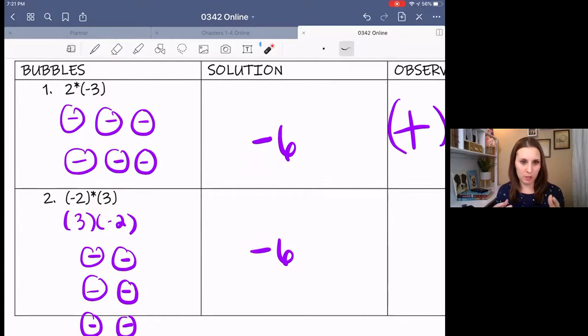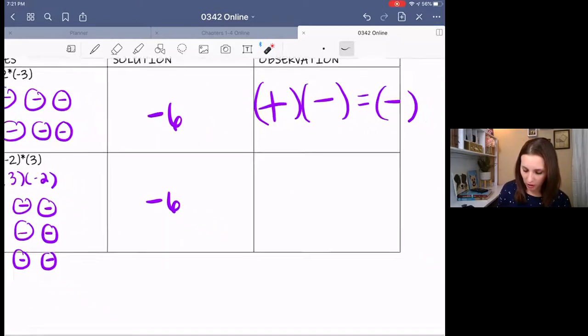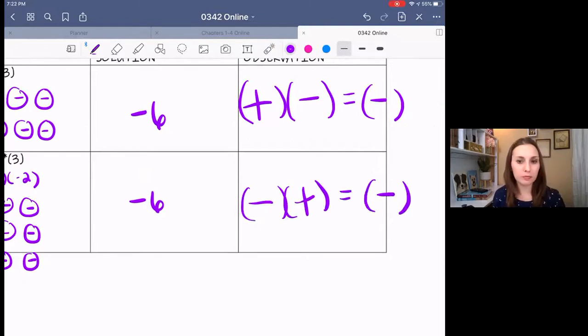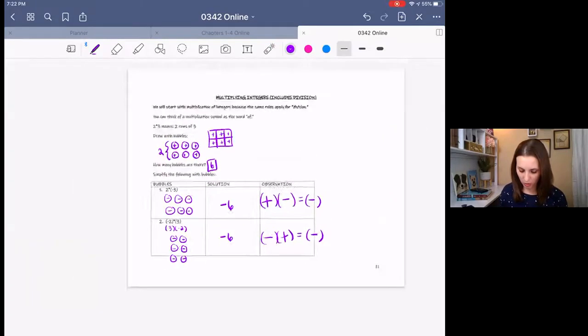It's just basically how many negatives are in there. So I'm going to do another observation. Negative times positive is still negative. And again, you can put that in your own words if you want to.